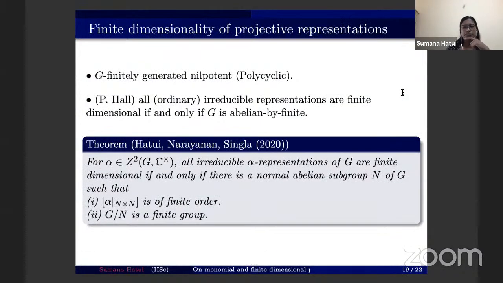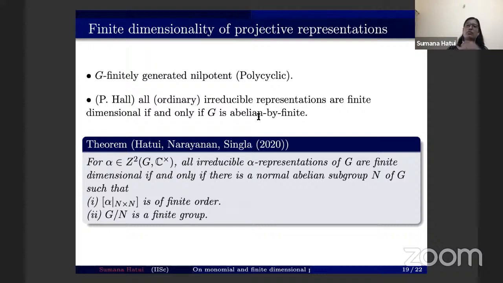Okay, so now we will talk about the finite dimensionality of projective representations. Here also G is finitely generated nilpotent, but these results are also true for polycyclic groups. So we have proved it for polycyclic groups. Hall proved for ordinary representations that all irreducible representations are finite dimensional if and only if G is abelian by finite.